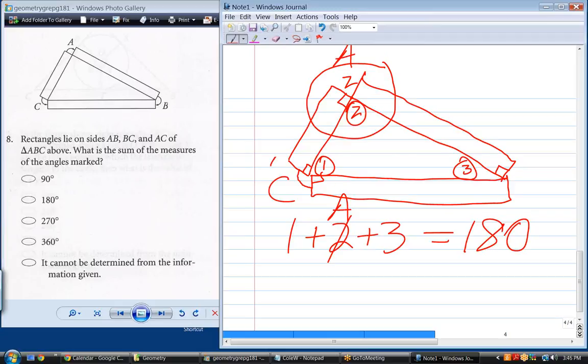Well, what's all four of them equal to? 360. In other words, whenever you have a bunch of angles and they form a complete circle around a point, their sum is 360. Well, we know that two of them are 90. Therefore, 1 plus C must be 180.